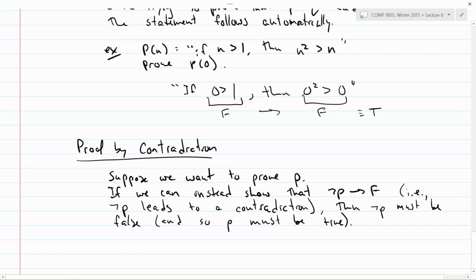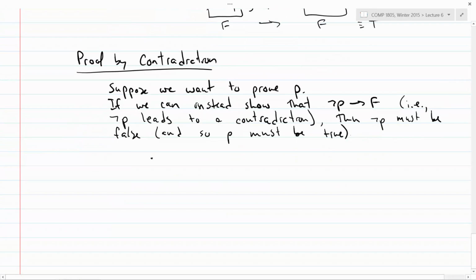And this makes sense because I've proved that this thing here, not P implies false, I've proved that that's true somehow. What's the only way that that thing can be true?